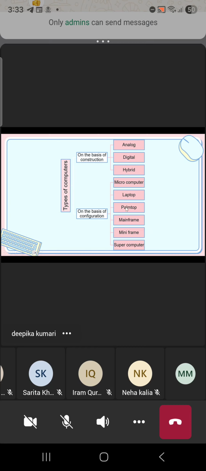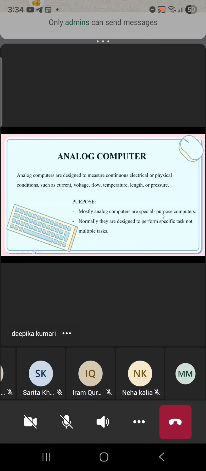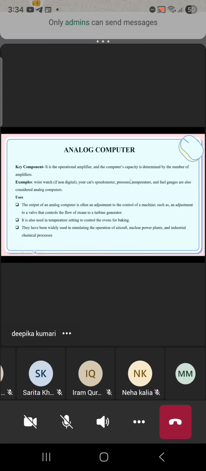These computers are mostly special purpose computers. Also, they are designed to perform a specific task, not multiple tasks. The key component of an analog computer is the operational amplifier, and the computer's capacity is determined by the number of amplifiers.